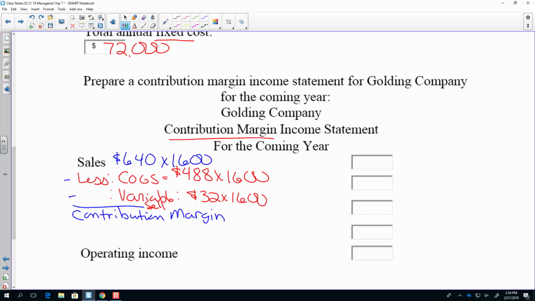$1,024,000. $488 times 1,600 is our cost of goods sold. $780,800.